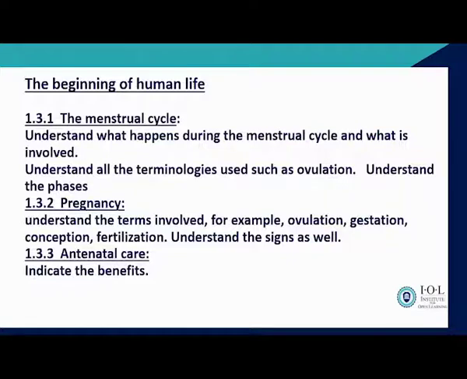You also have to understand antenatal care. When somebody is pregnant, they have to go to the clinic, they have to see the doctor, they have to see their gynecologist and so on. What does it involve? What are the benefits for someone going to see the doctor when they're pregnant? And if you don't do it, what will happen?